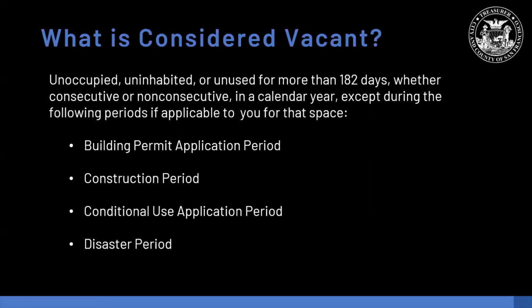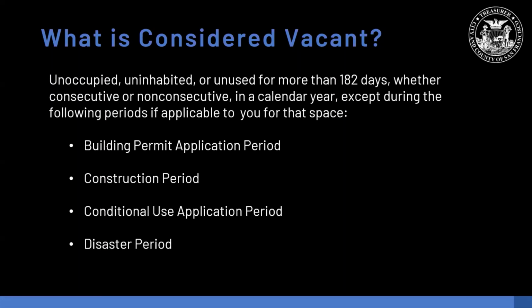Now that you know where in the city the commercial vacancy tax is applicable, let me share when space is considered vacant. Commercial space is considered vacant if it is unoccupied, uninhabited, or unused for more than 182 days in a calendar year. This is regardless of whether the 182 days is consecutive or not.